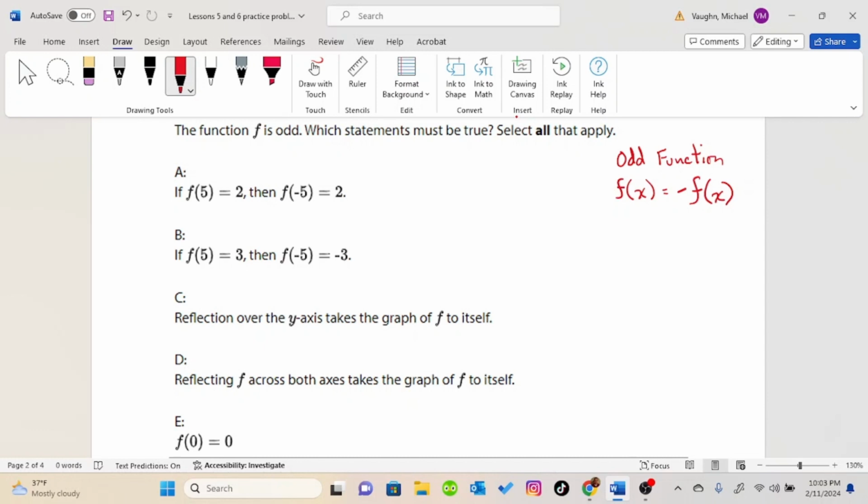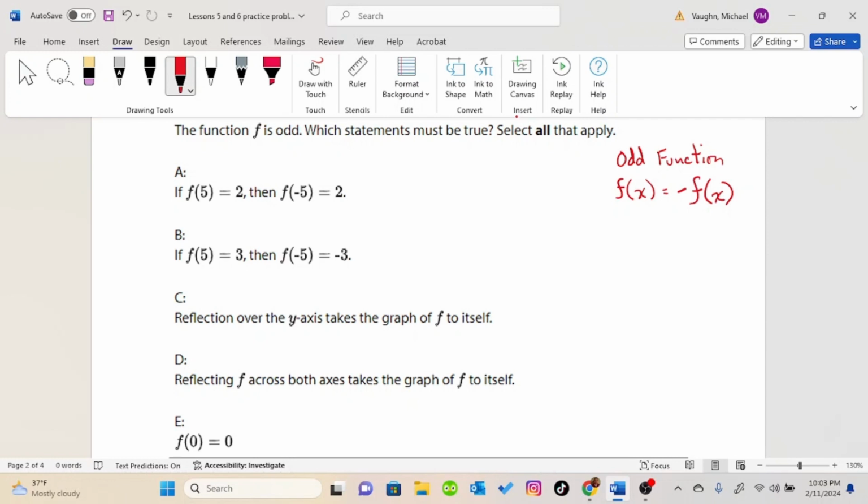So for A, f of 5 equals 2. The negative of that should be f of negative 5 equals negative 2. That's not what we get.